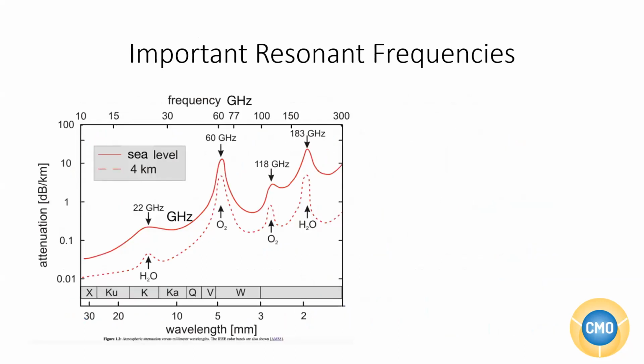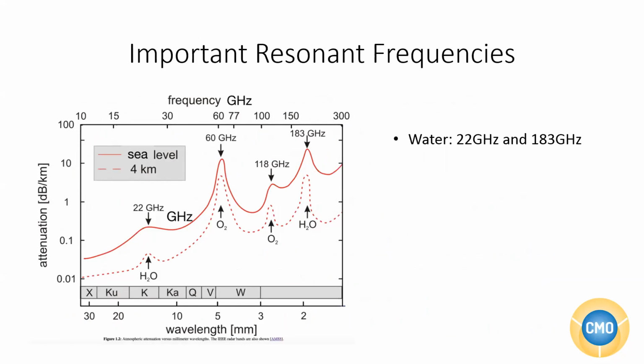Another important thing we've got to bear in mind is resonant frequencies. If you remember at the beginning, I was saying that if energy comes in at the resonant frequency of a bond between two atoms, it gets absorbed. So we've got a couple of very important resonant frequencies.